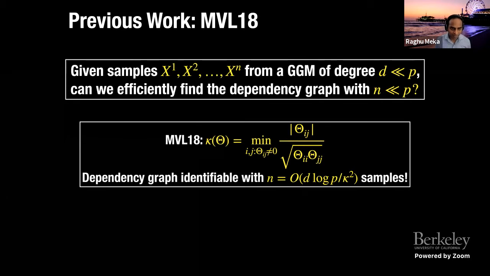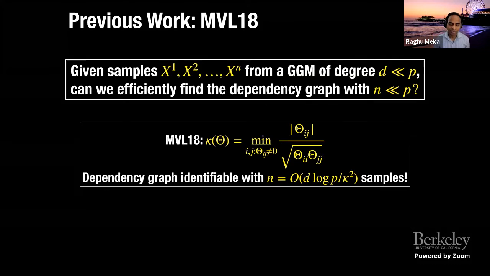And this very recent and very nice work of Misra, Vuffray, and Lokhov from 2018 showed that any GGM is identifiable, the dependency graph is identifiable, with sample complexity that is d log p divided by kappa squared.